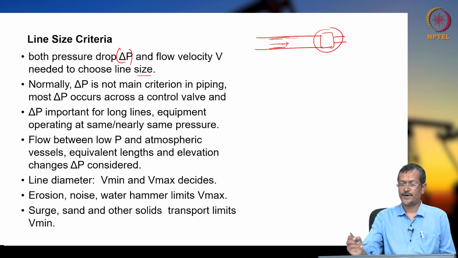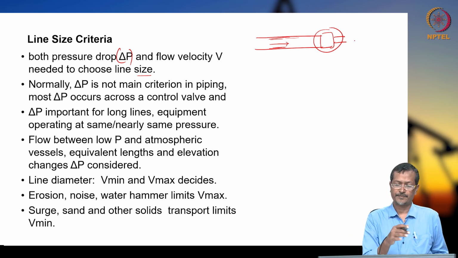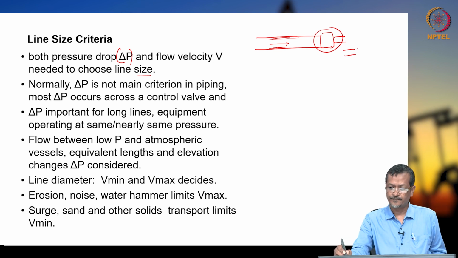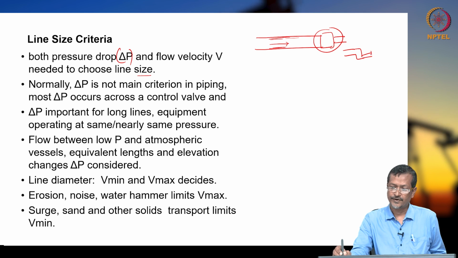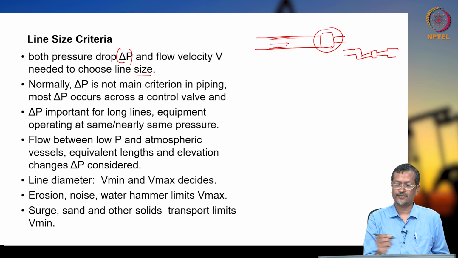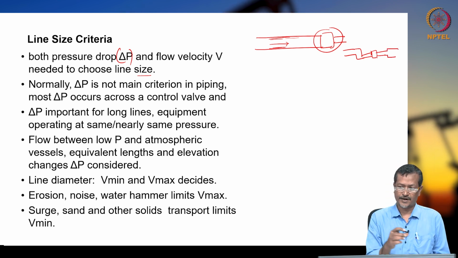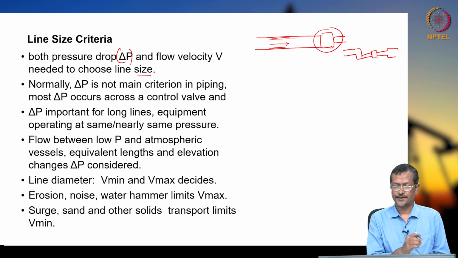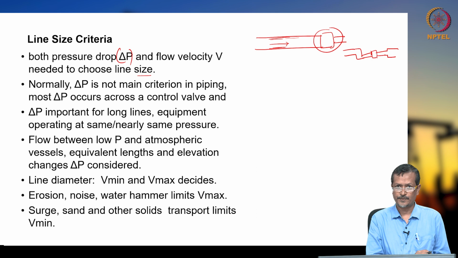But if there is any bend, as I told in previous lectures, or any fittings like nut and bolt, or it is changing the size of the pipe, suddenly expanding or suddenly contracting, in that case your pressure drop will be higher.